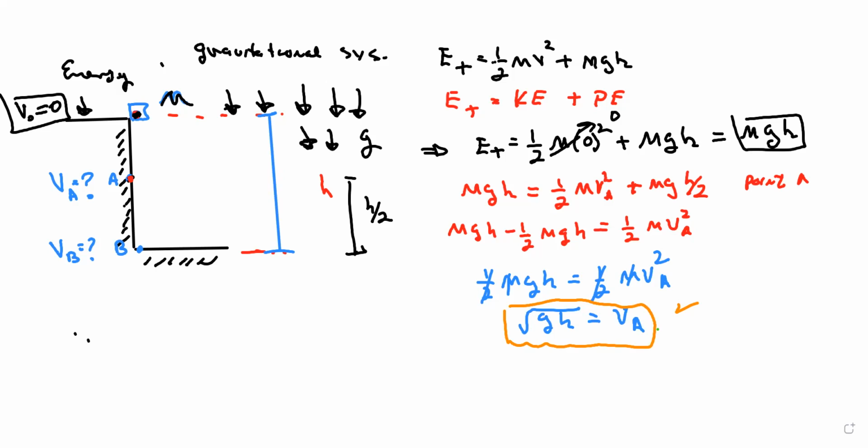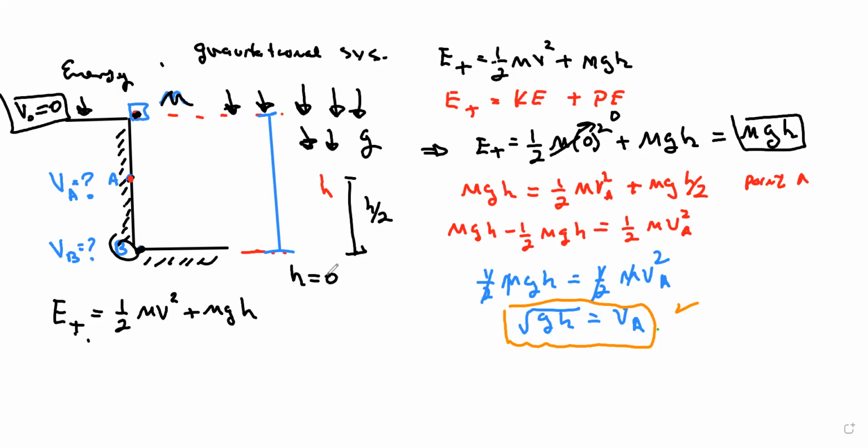So we go back to our formula that says that the total energy is going to be 1/2 of the mass velocity squared plus mgh. But when you get to point B, h is going to be 0.